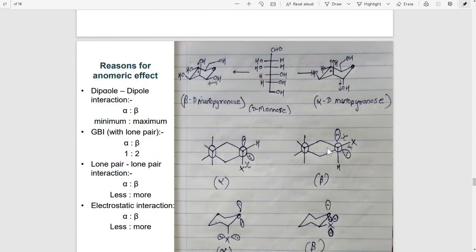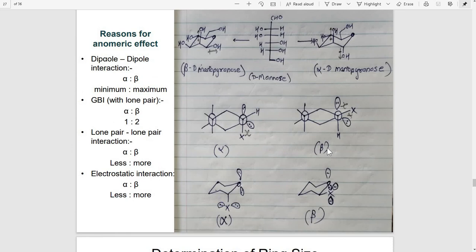See some reasons for the anomeric effect. Okay, first is dipole-dipole interaction. See in this structure, D mannose, beta D mannopyranose and alpha D mannopyranose. Here, both of these OH groups have dipole arrows on the same side.